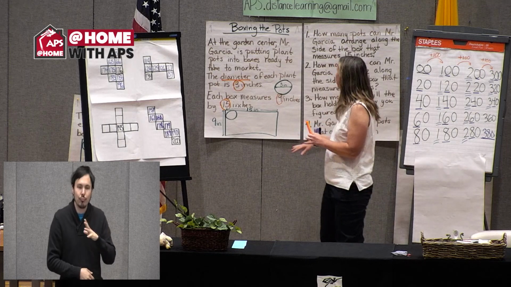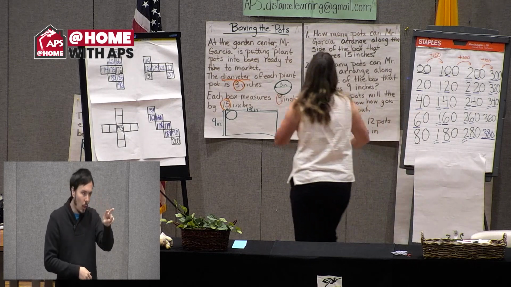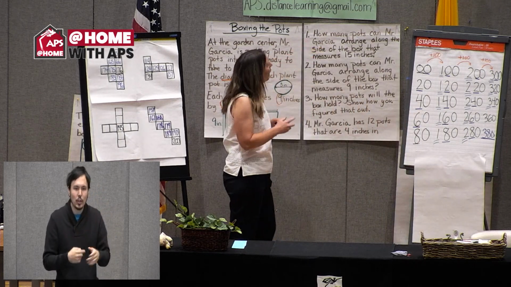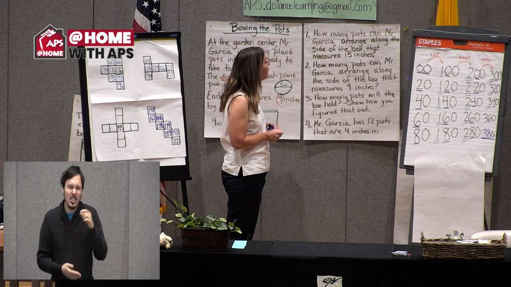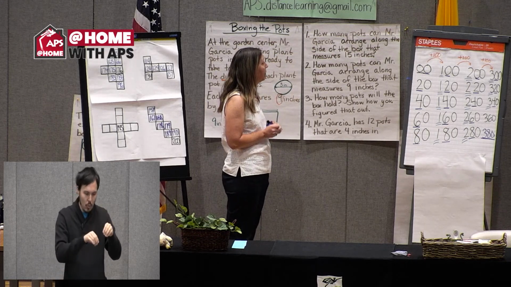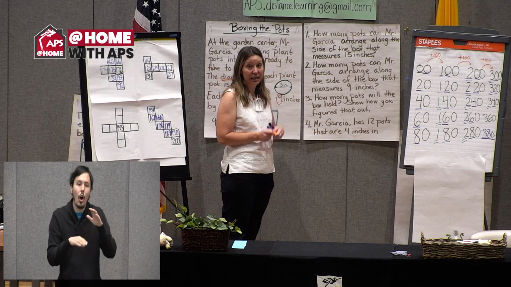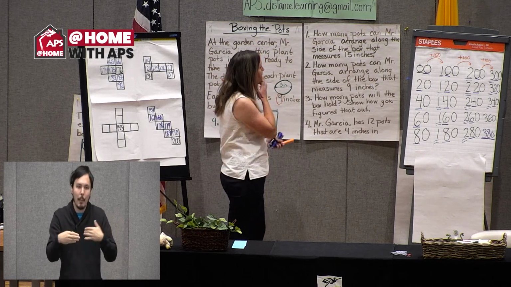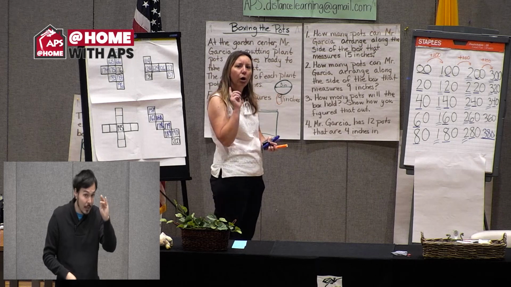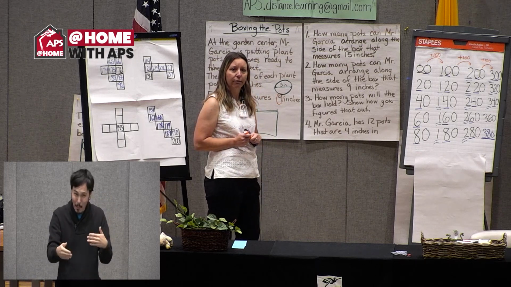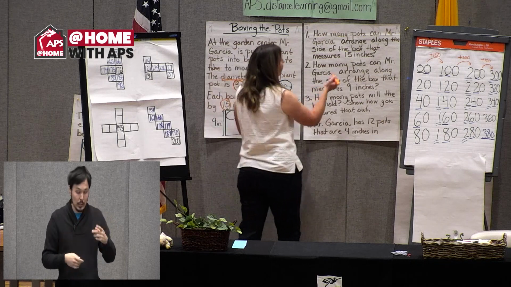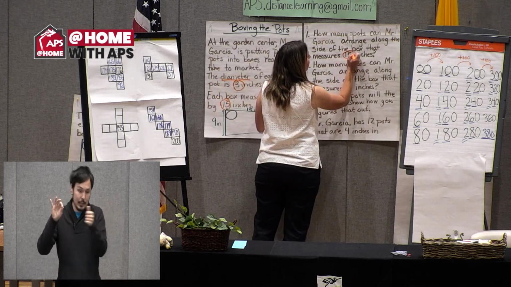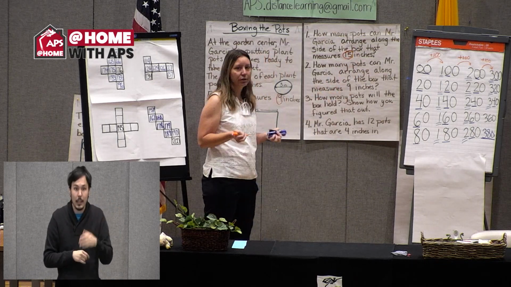Let's move to the questions. Number 1, how many pots can Mr. Garcia arrange along the side of the box that measures 15 inches? What quantities do we have? We have 15 inches. Do we have any other quantities?